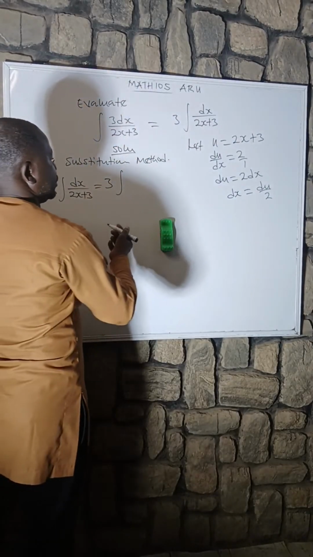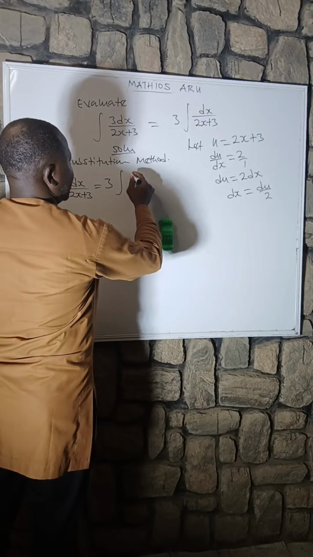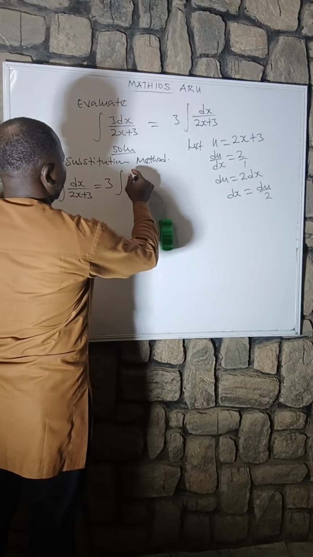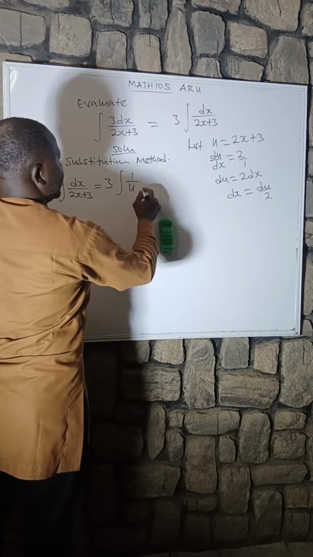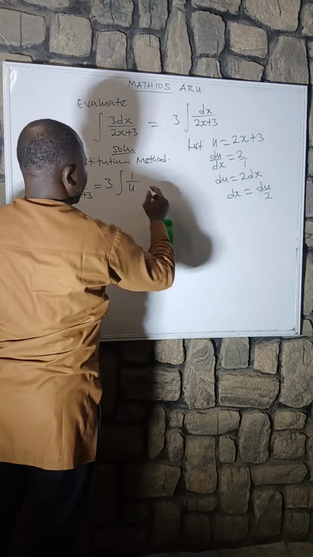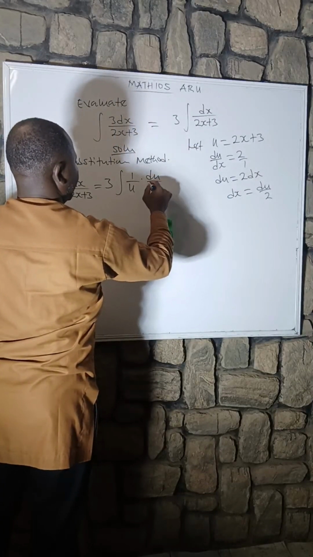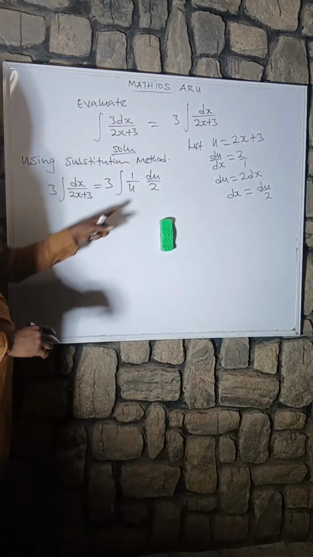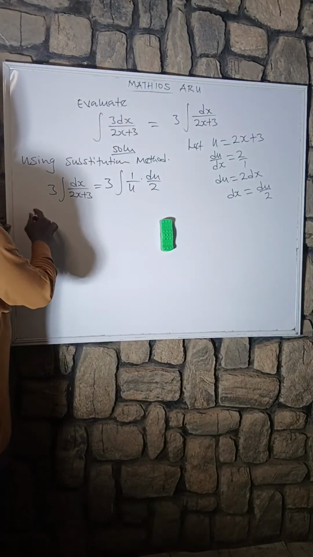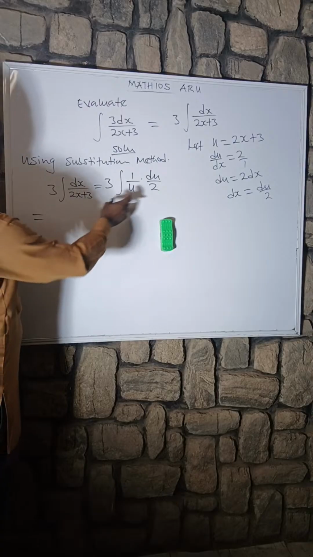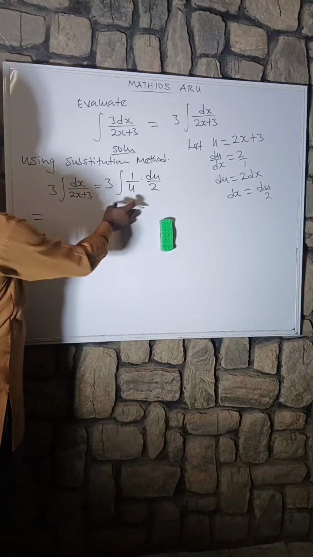So now what we need to do is 1 all over u times dx, which is du all over 2. So this is the same thing as we factor out 1 all over 2.